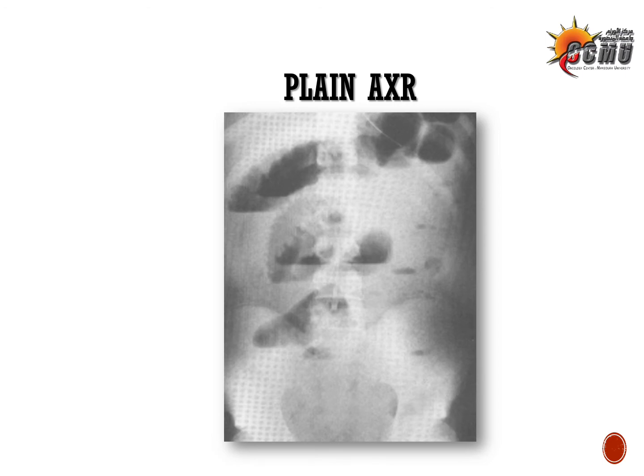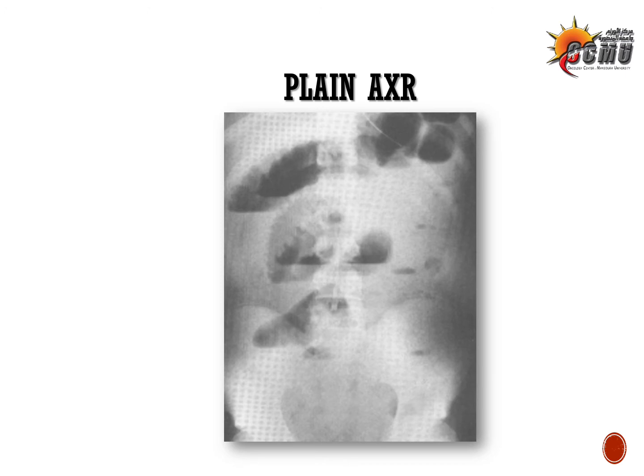Fluid gives the horizontal leveling of the shadow of the gas, with air above and fluid below. The densities of air and fluid are a little bit different. So multiple air fluid levels may take the form of a step ladder. We'll be showing a typical step ladder next.